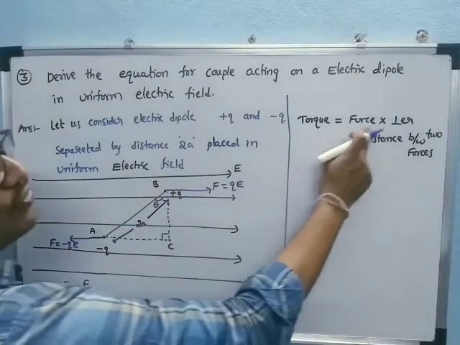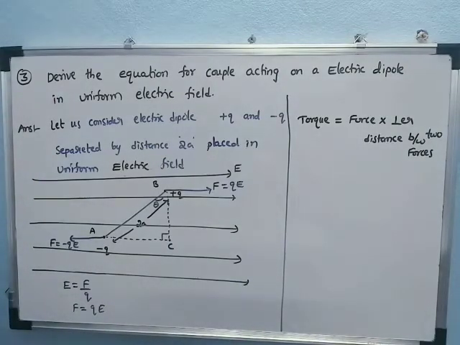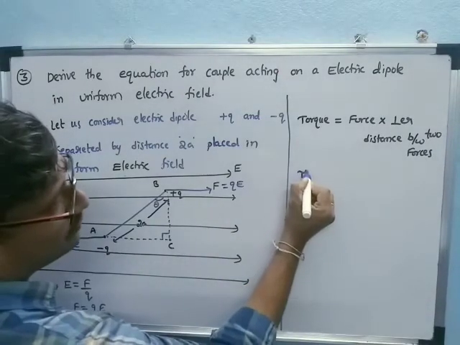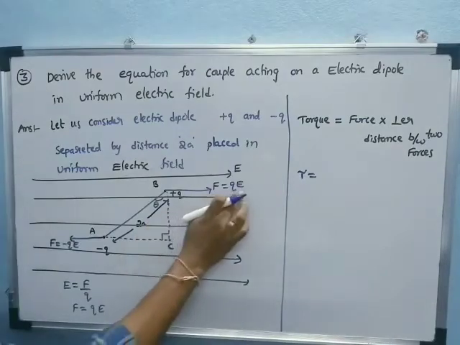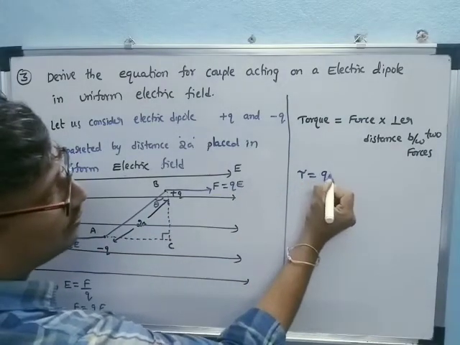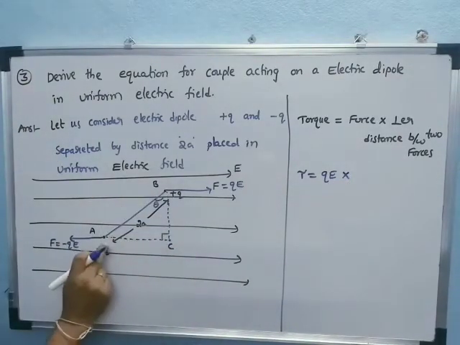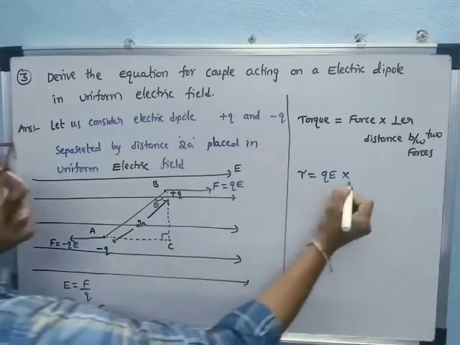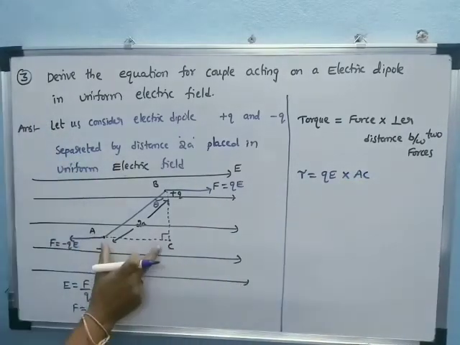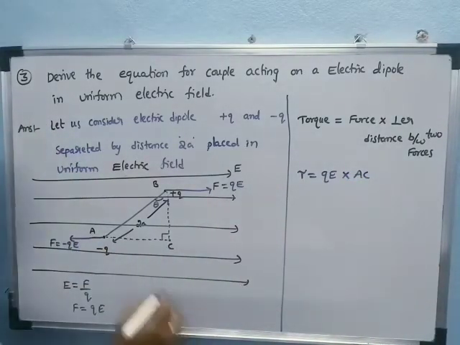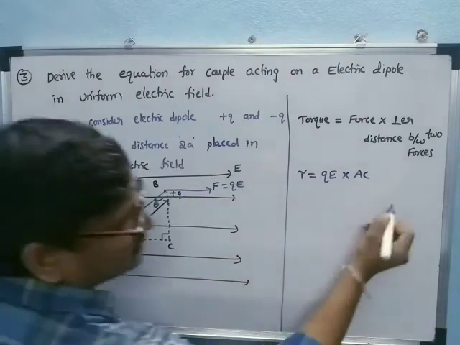The torque is denoted by tau, which is force into the perpendicular distance between the two forces. The magnitude of force is Q into E, into the perpendicular distance between the two forces, which is AC. Then find this AC value. We can find AC from the triangle. See, this is the triangle we can draw.